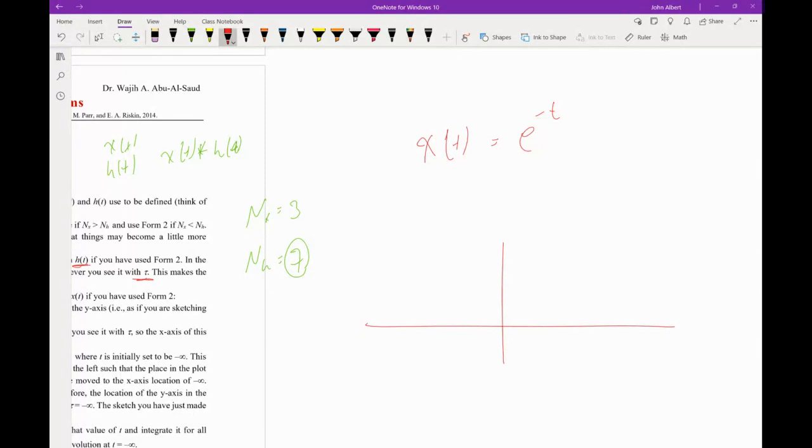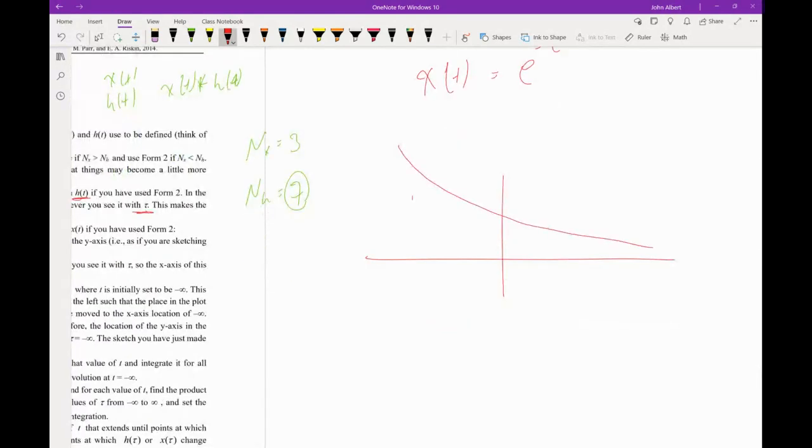Now if you sketch x of t, this is how it will look like. It's that decaying exponential, an exponential that becomes smaller. This thing is x of t, which is defined as e to the power of minus t. What is the x-axis? It's t, right? So I have sketched x of t.